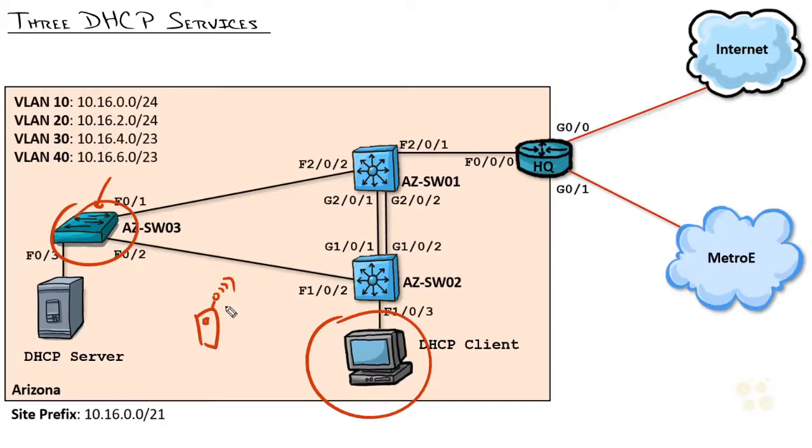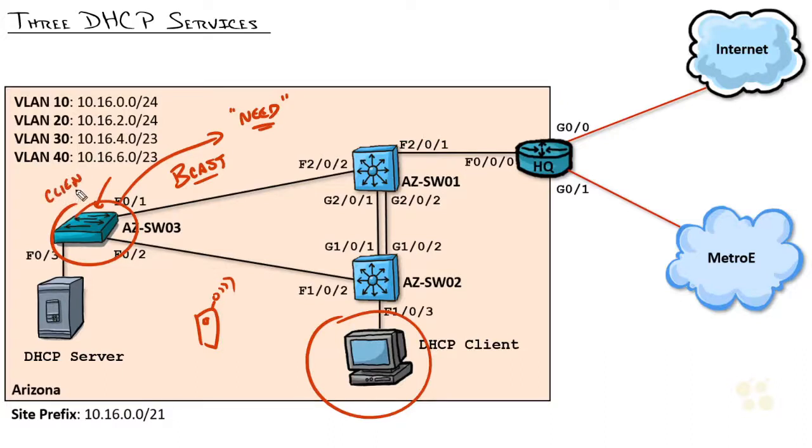It's the clients of the network that are asking for an IP address, and they say, hello, I need a DHCP address. In the IPv4 world that we live in today, that will be a broadcast message. In the IPv6 world, it's a multicast message. It no longer hits everybody. It just goes straight to the DHCP servers. But here it goes to everybody, and that defines a DHCP client.